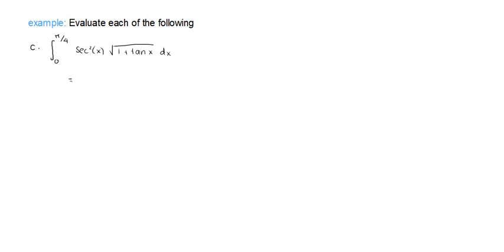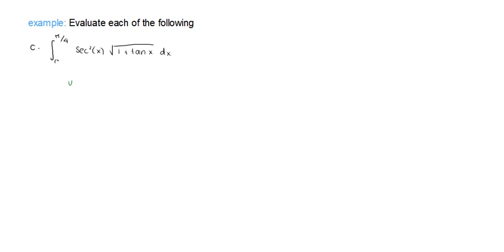So in this particular case, we would like to choose the inside of the square root to be the substitution. But knowing that the derivative of tangent of x is secant squared of x already provides a hint that this will actually work, right? Because we already have the secant squared of x here.